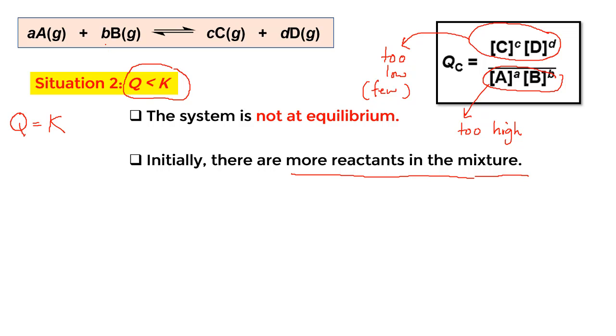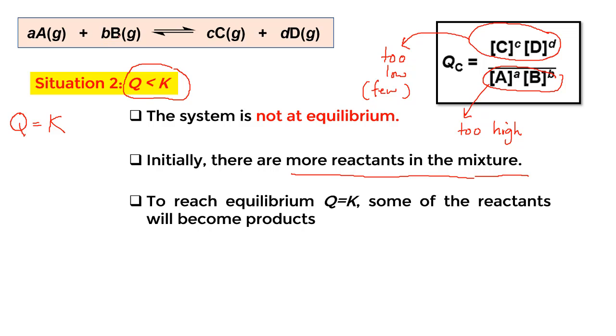Jadi in order to reach the equilibrium, some of the reactants will become product. Sebahagian daripada reaktan ini perlu ditukarkan menjadi produk. Jadi kalau you tengok kepada equation itu, A dan B mesti jadi produk, dia mesti favor forward reaction. Dia mesti cenderung melakukan tindak balas ke hadapan, forward reaction.